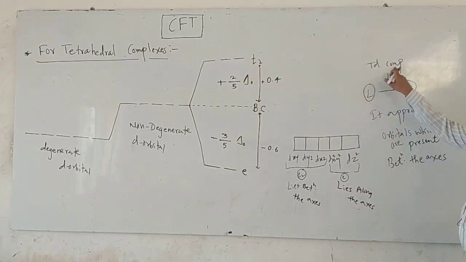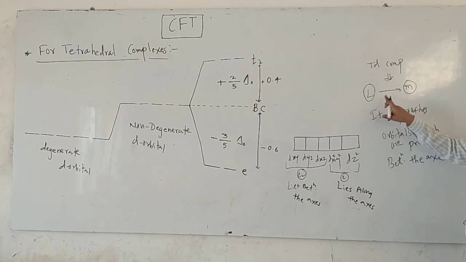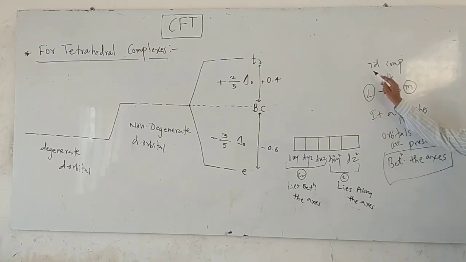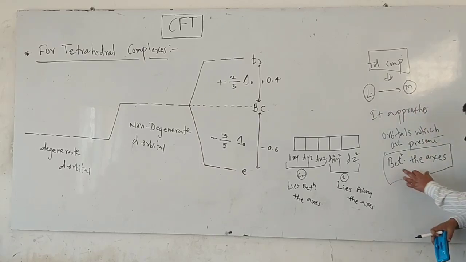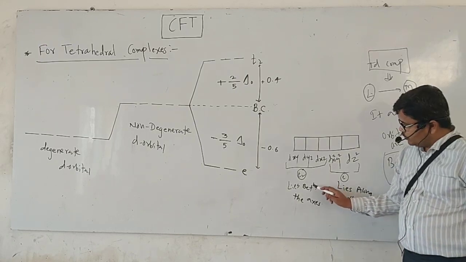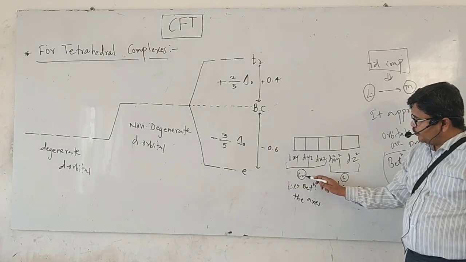In the case of tetrahedral complexes, when a ligand approaches the metal, it approaches the orbitals which are present between the axes first. Between the axes means T2.